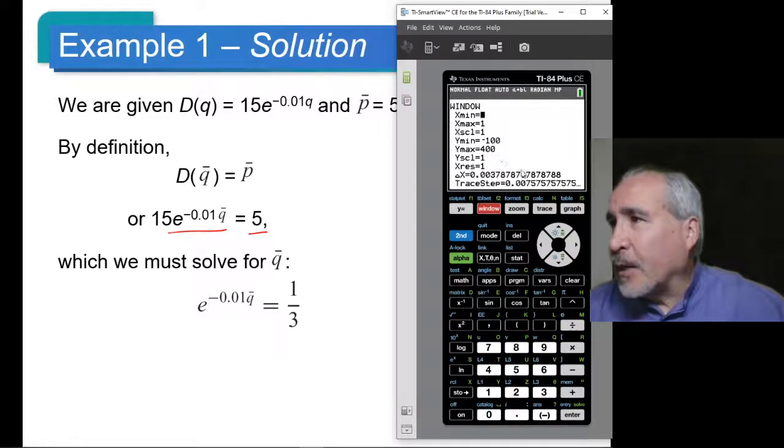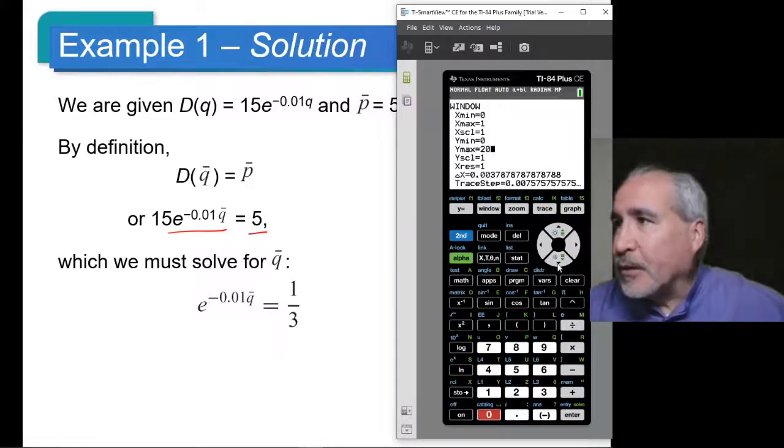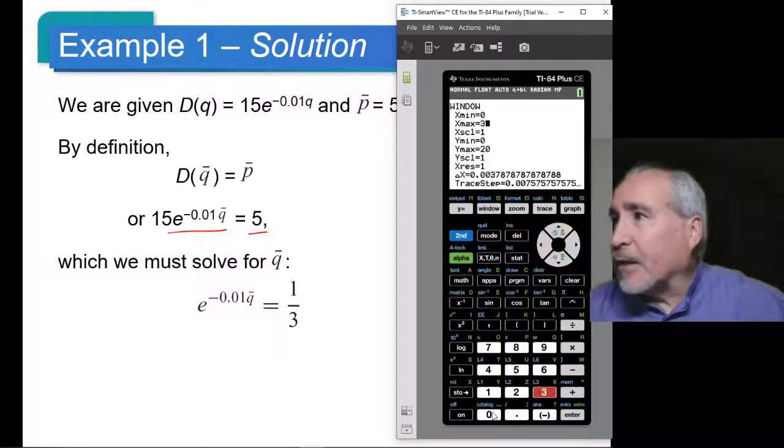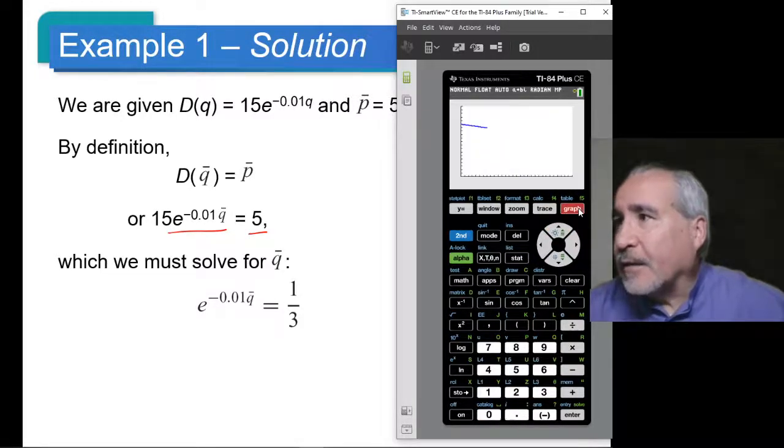So I'm looking at my window. I should probably let my Y go from 0 to 20. I'm just guessing at this point. And X is going to be our Q, which is how many we will sell. Let's go from 0 to 30 and see if that gives us enough.